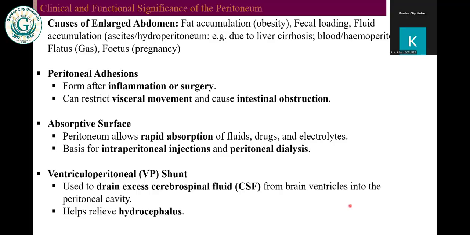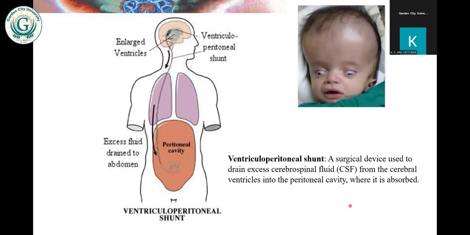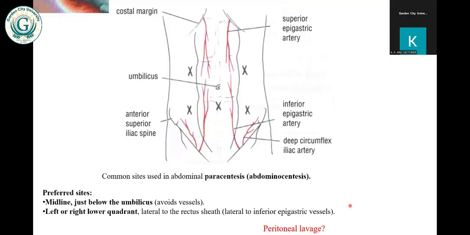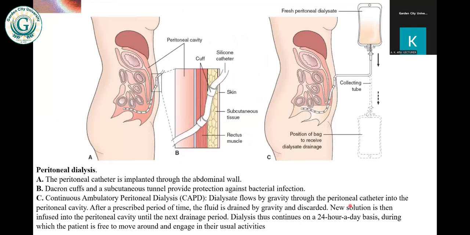We also said that it can be used in ventriculoperitoneal shunt, where excess CSF in the ventricles can drain into the peritoneal cavity. Then we look at how, if there is fluid in the peritoneal cavity, the fluid can safely be removed in a process that we call paracentesis.